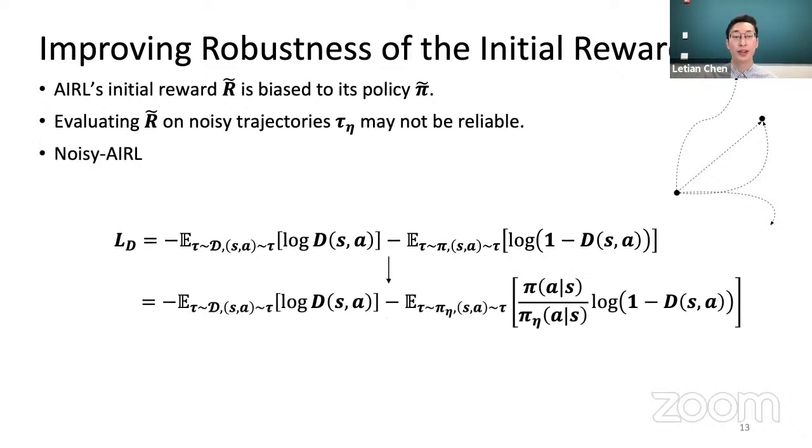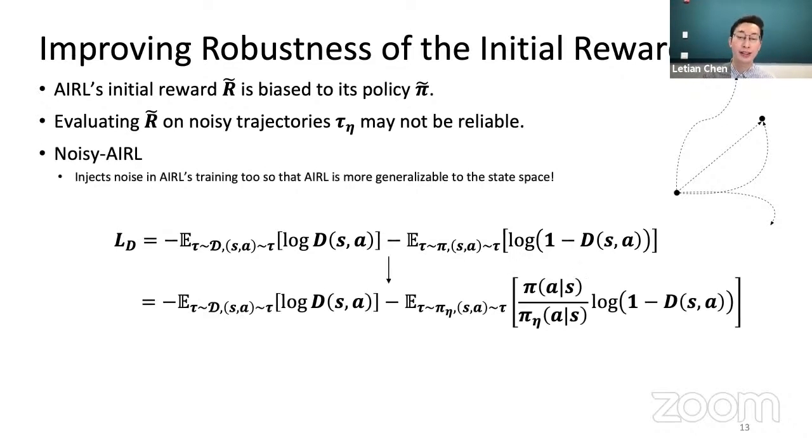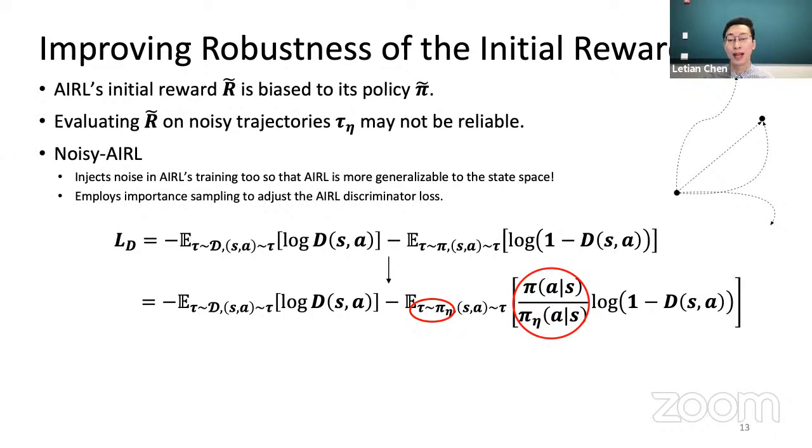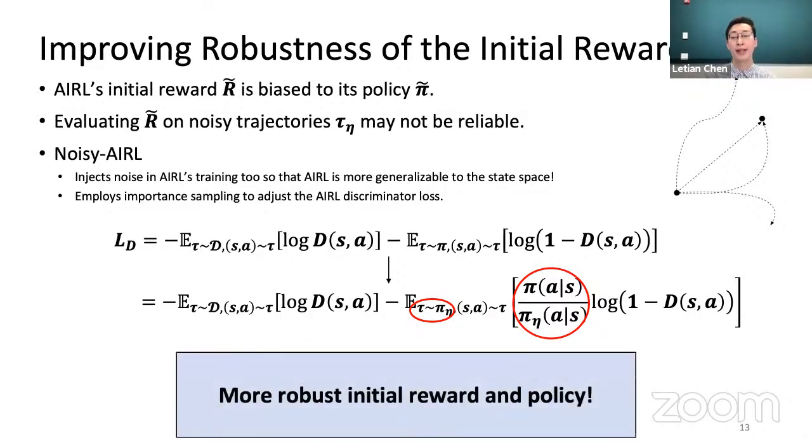Therefore, we propose noisy ARL, which injects noise in ARL's training so that ARL is more generalizable to the state space, and we employ importance sampling to adjust the discriminator loss due to the change of sampling process from policy pi to the noisy policy pi eta. The two steps in noisy ARL provide a more robust reward and policy learning, enhancing the ability to accurately characterize the noise performance relationship.